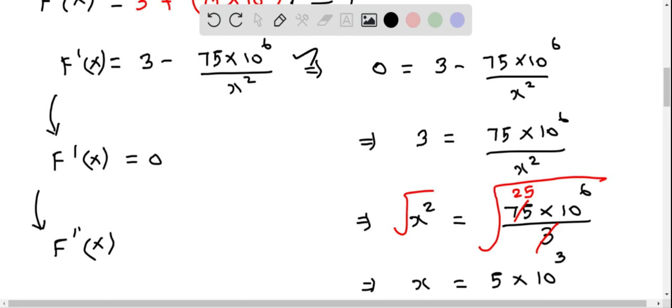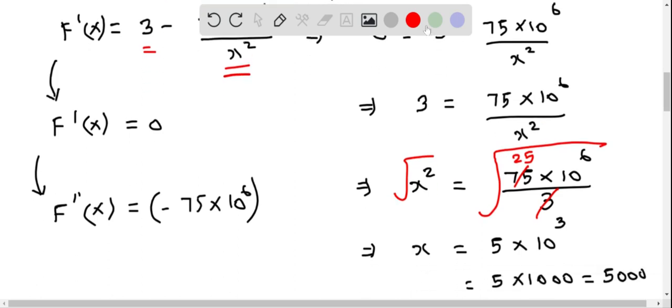I am differentiating both sides. Differentiation of 3 is 0, so therefore this is 0, and we have a negative. So this is equal to minus 75 times 10 power 6, and then I have to differentiate this 1 by x squared, which let me do it here. Differentiation of 1 by x squared, we can apply the power rule. First we convert into an exponent form like this, and when we apply the power rule we get minus 2x raised to the power of minus 3.